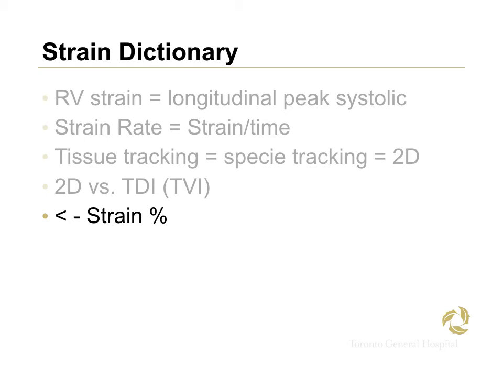Sometimes that causes confusion because people may not think about the negative value, and a higher number, as long as it's negative, is better than a lower number, as long as it's negative. Obviously, 0 would mean no movement, and positive would mean that the 2 points are moving away from each other, which we very rarely see. So if you do the strain and you have positive deflections, you really need to make sure that that's true.